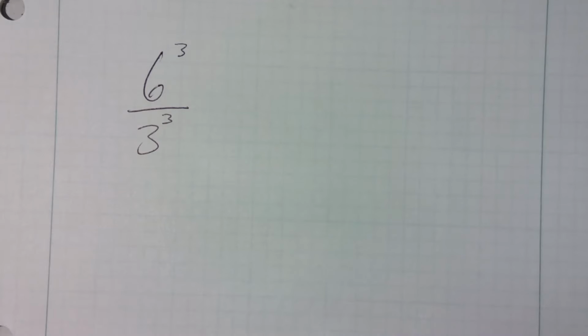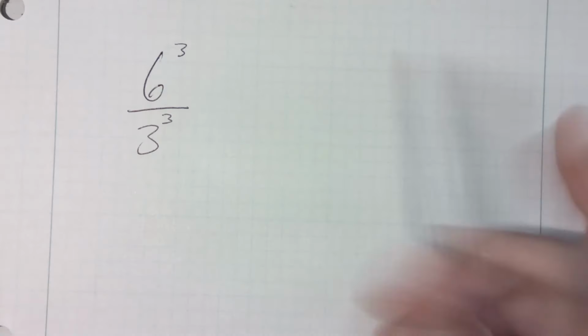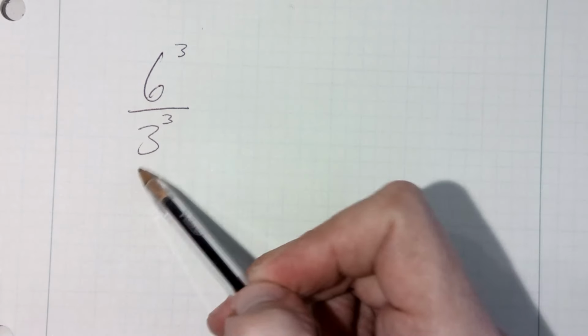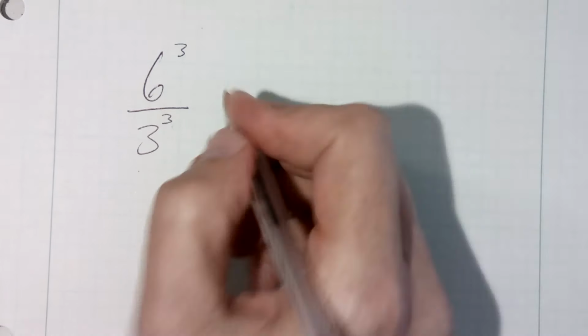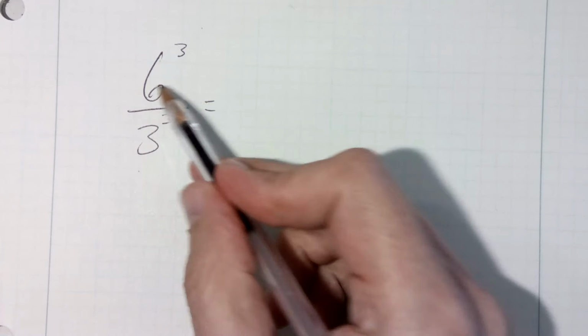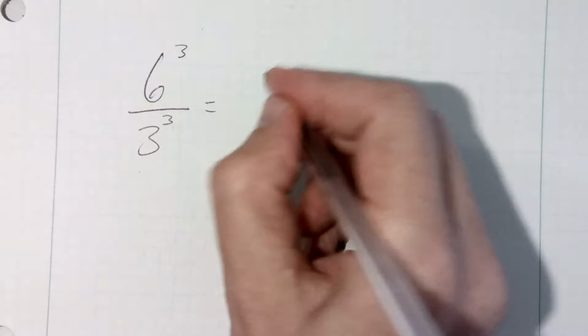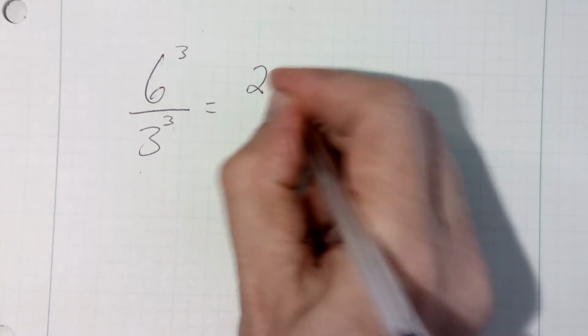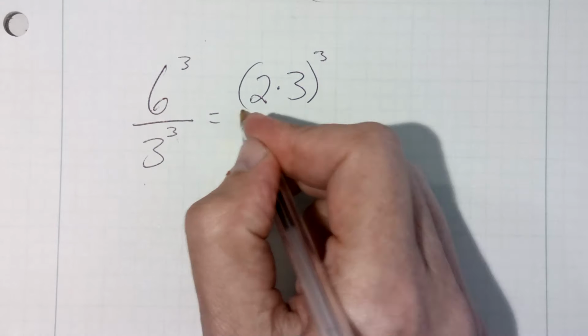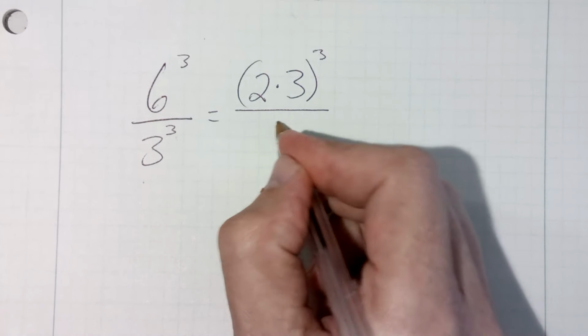Rather than taking a calculator and doing 6 to the 3rd and 3 to the 3rd and then simplifying, if we were just to try to simplify it using exponents, what I could do is realize that 6 is a 2 times a 3 that we're raising to the 3rd exponent, over this 3 to the 3rd.